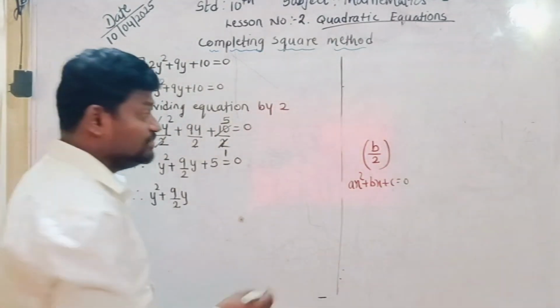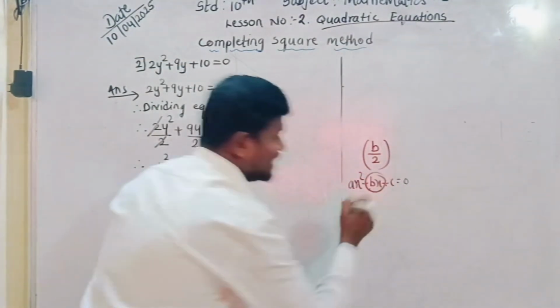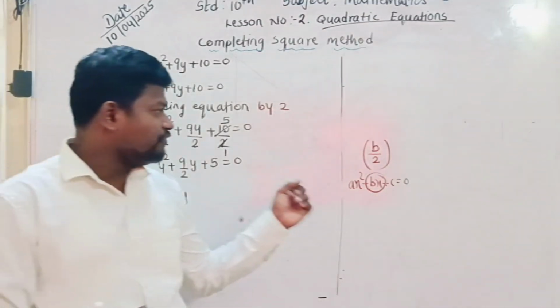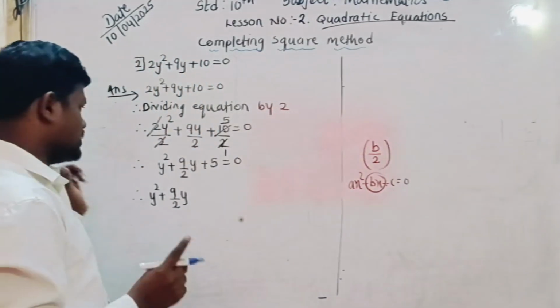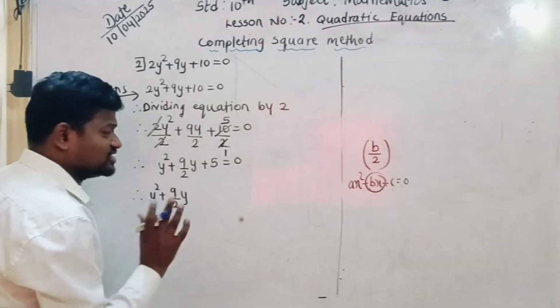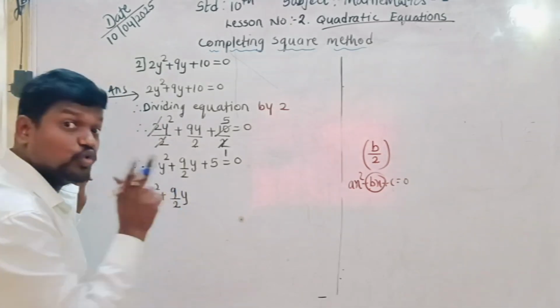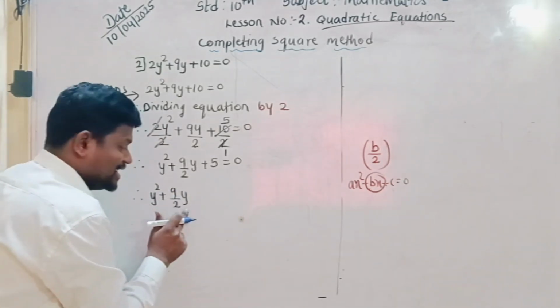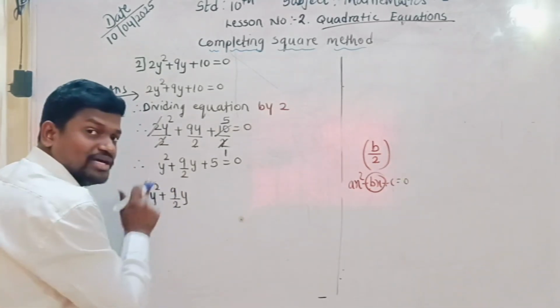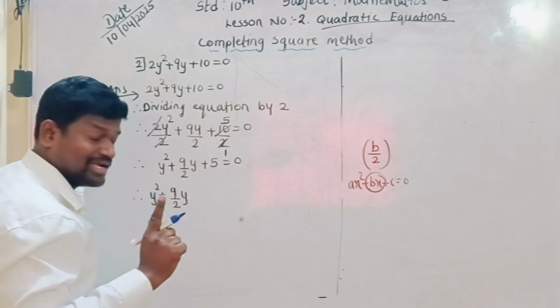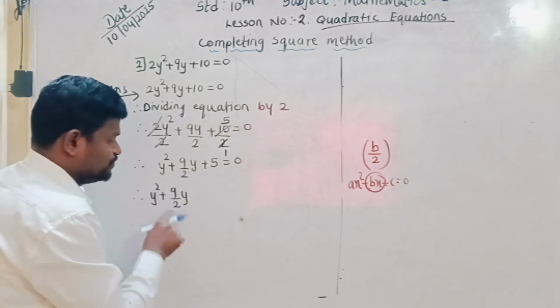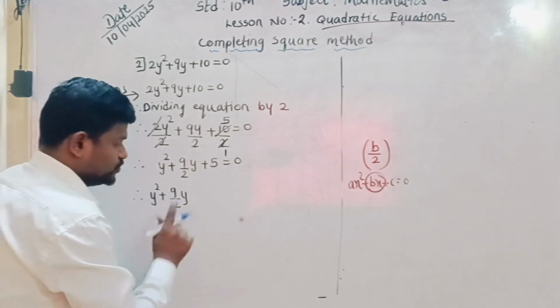B means the coefficient of x. So here our equation says that we have to look out for the coefficient of y. This is y square, so we look out for y. So y is here. So b is 9 upon 2.